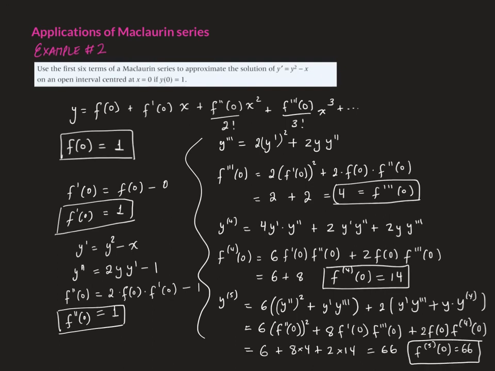Now, after all this work, we have the values of the first 6 coefficients. So let's put those aside and let's start building the polynomial.